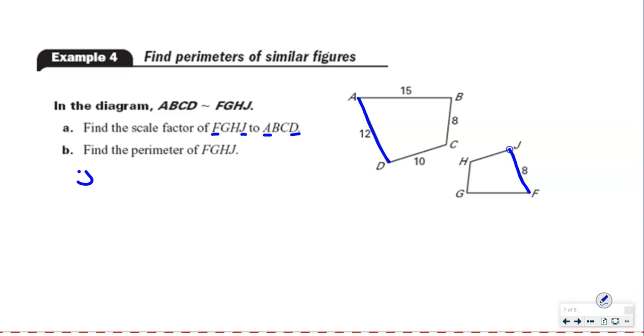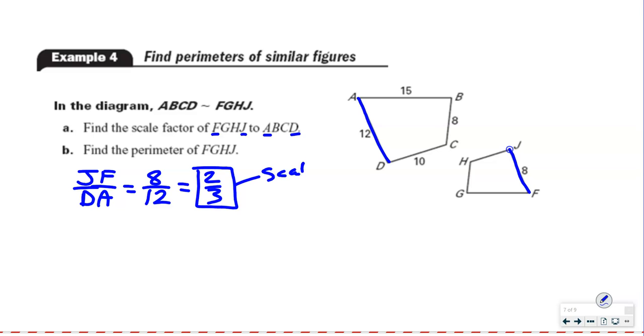So we have JF over DA equals 8 over 12, which then simplifies to 2 over 3. So that would be our scale factor of FGHJ to ABCD.